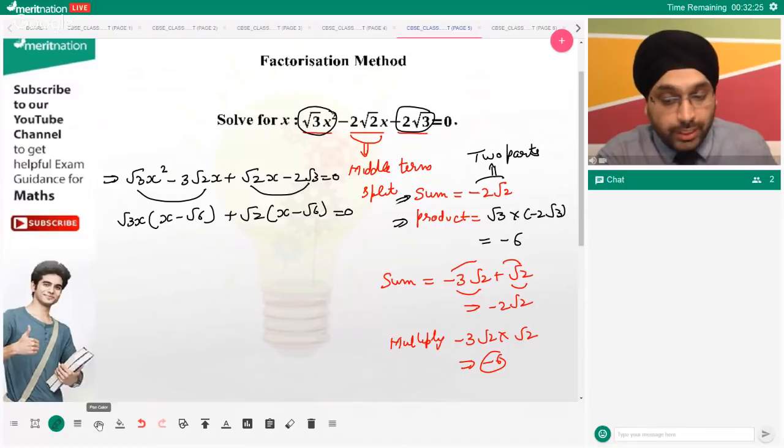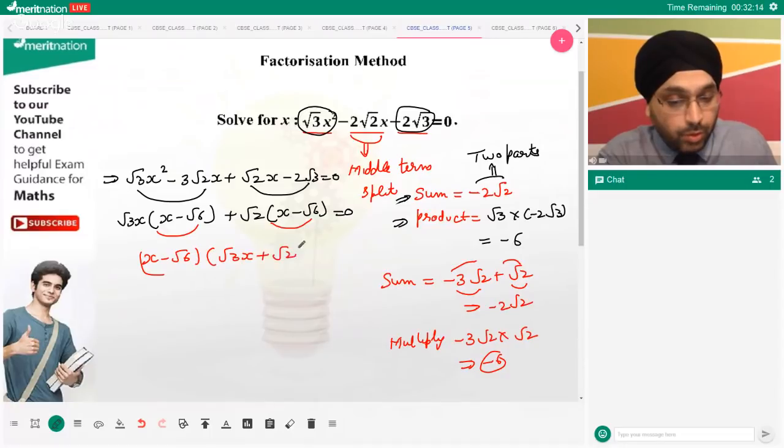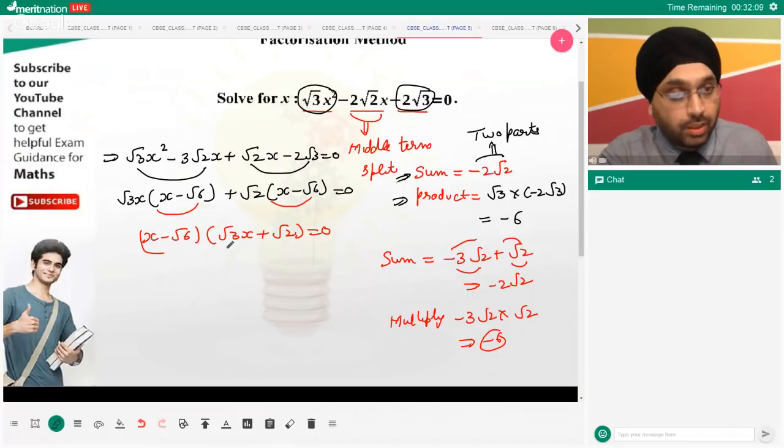Again, if you see it very clearly, we can take this one common out. So this will come out to be x minus root 6 into root 3 x plus root 2 equals 0. So we have just factorized the quadratic equation.